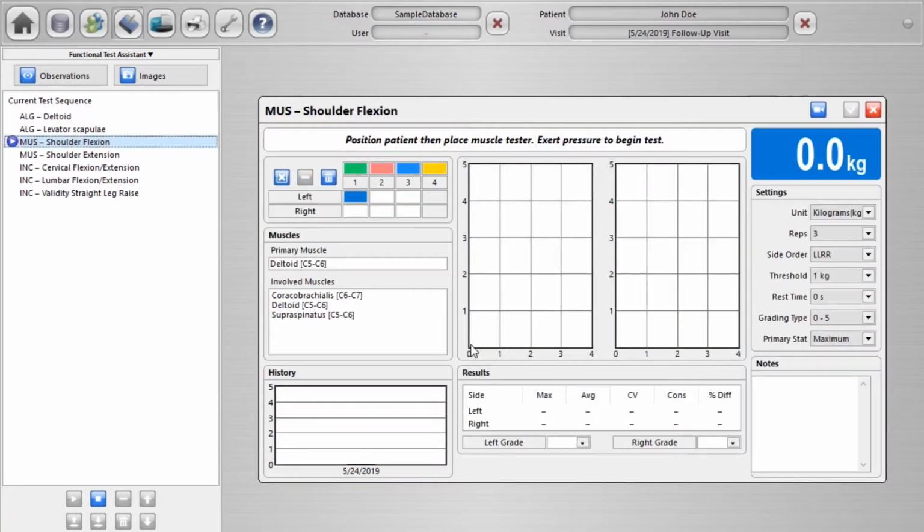Muscle tests. Shoulder flexion. Left side. Rep 1. All right. So in this case now, we are doing a muscle strength test. Previously, we've been looking at algometry as a measurement of tenderness, taking something that's very subjective, like pain, and being able to start assigning some value to it based on performance and observed testing.